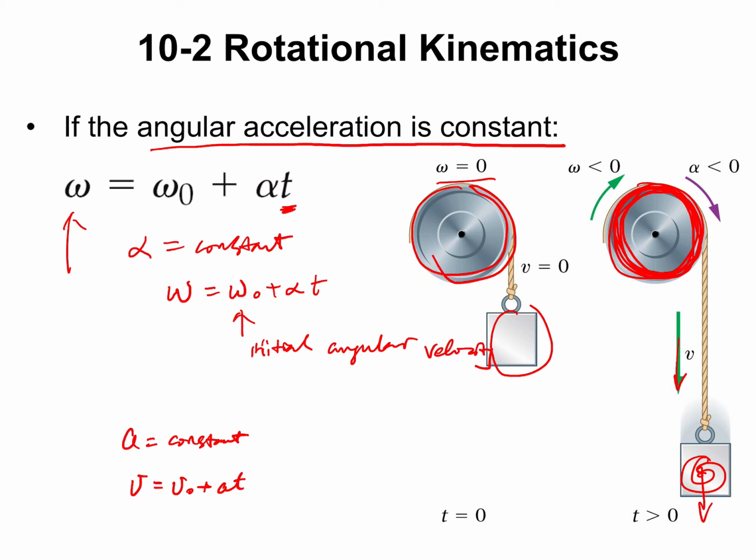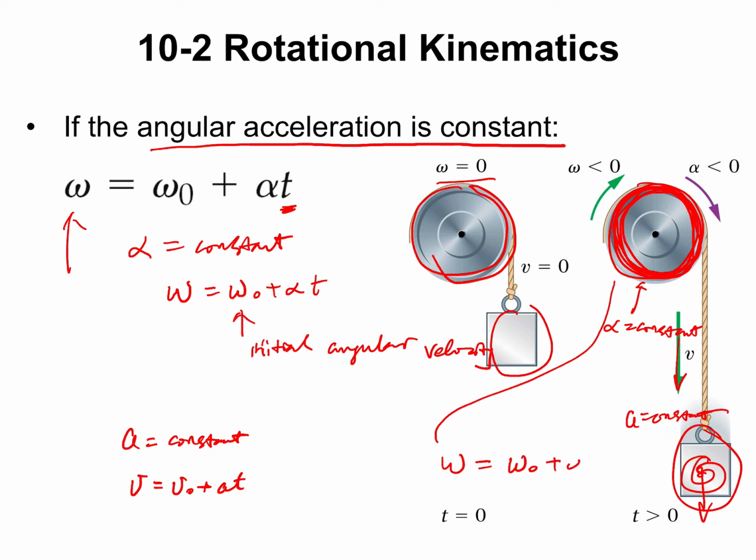Later we'll know this acceleration is constant. So for this object, a is constant, and for this disk, alpha is constant. So we can calculate the angular velocity after a certain amount of time: angular velocity equals initial velocity, which is 0, plus alpha t. Give you the time, you can figure out the angular velocity.